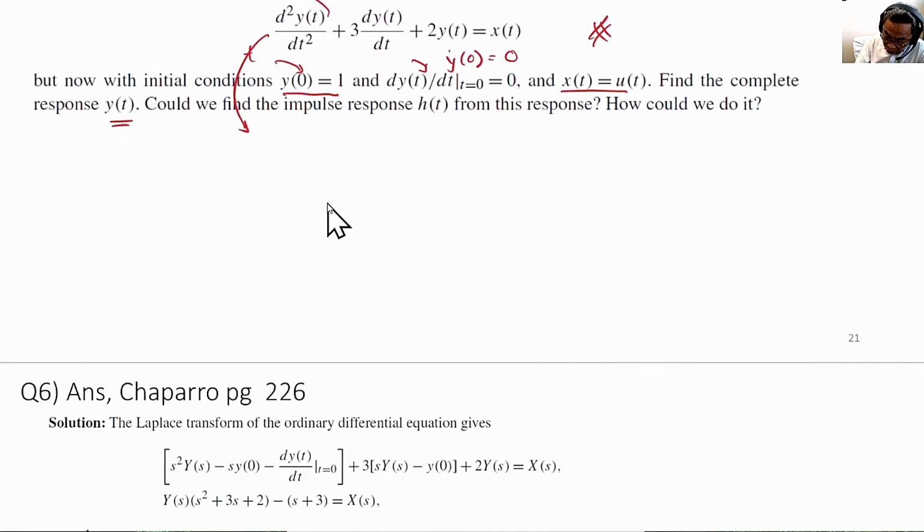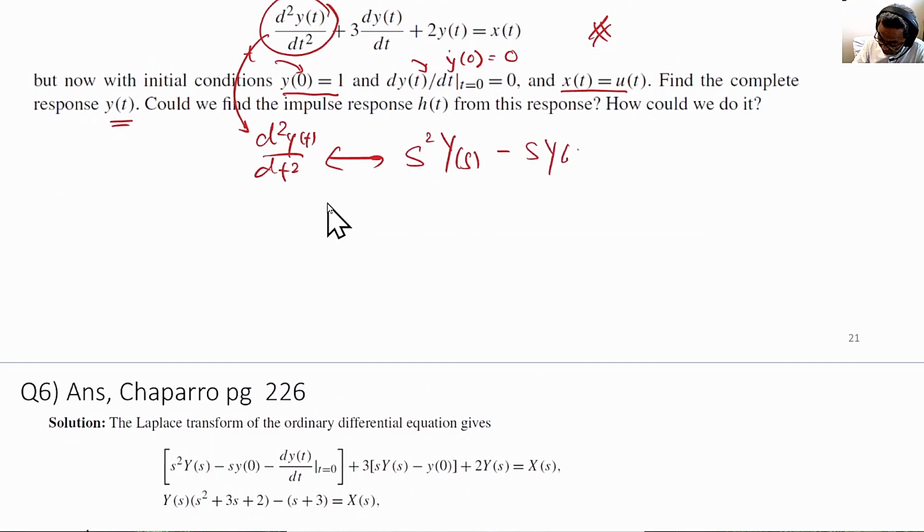So the Laplace transform of d2y/dt squared is s squared Y(s) minus s y(0) minus y dot 0. Let's substitute: y(0) equals 1, y prime 0 equals 0, and therefore we get s squared Y(s) minus s minus 0.